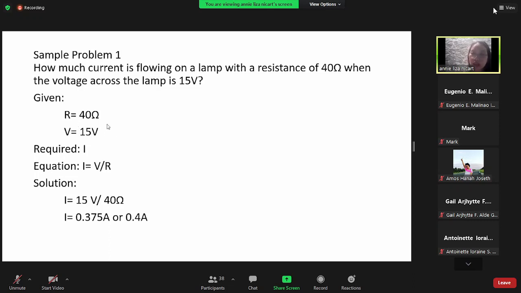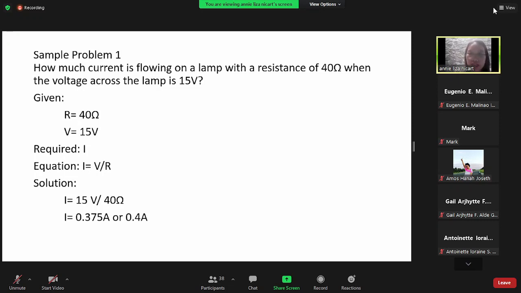Okay, also identify right away how many significant figures each value has. The 40 ohm, how many significant figures? 1. Very good, it has only 1.